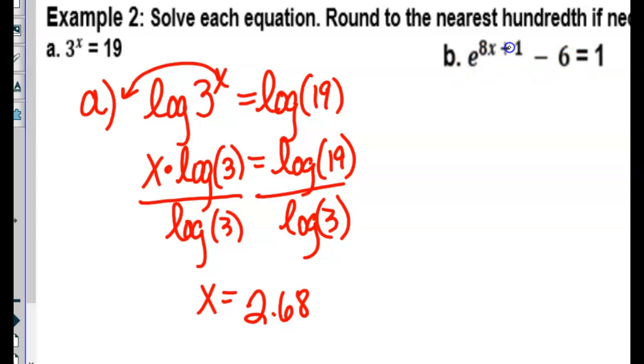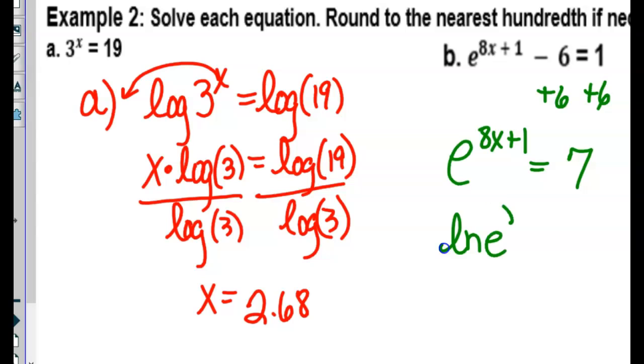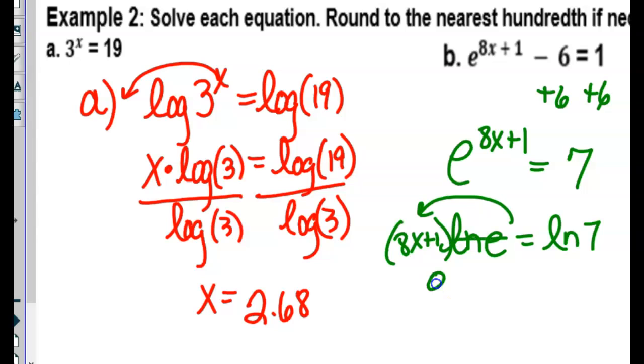Again, exponents. But we're going to isolate this first. So we have e to the 8x plus 1 equals 7. Everybody good? There's an e, so I'm going to do ln of both sides and move the exponent out front. Now, it is a quantity, so don't lose that idea. But ln of e is just 1, so I just have 8x plus 1 equals whatever disgusting decimal this is.